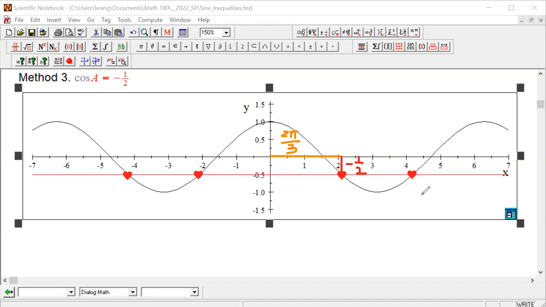Okay. And this piece, right here. And of course, that's -½ too. Right, that's -½ too.